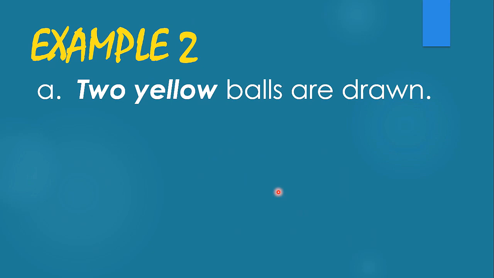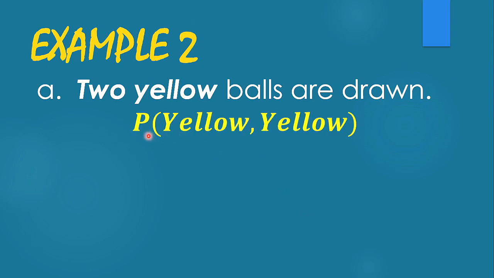For 2 yellow balls drawn, the first pick will be yellow, and then the next pick will be another yellow ball. So we have the probability of yellow and then yellow. Again, we have a total of 4 yellow balls over the total number of balls in the box, including the other colors, which is 7. So we have the probability of 4 over 7 times, since we again take the probability of having a yellow ball, 4 over 7.